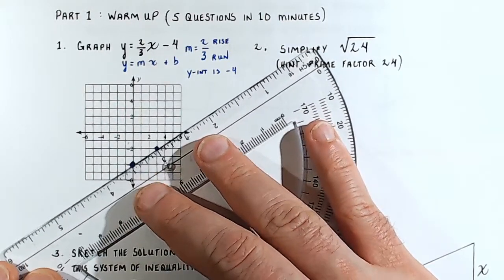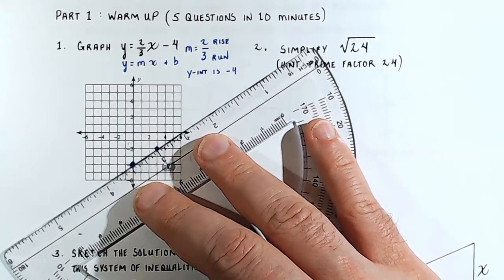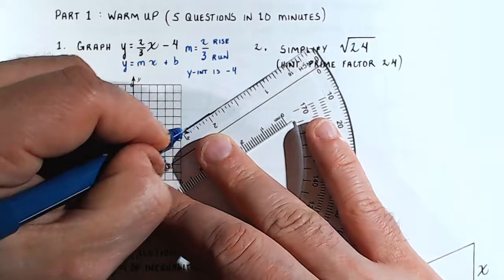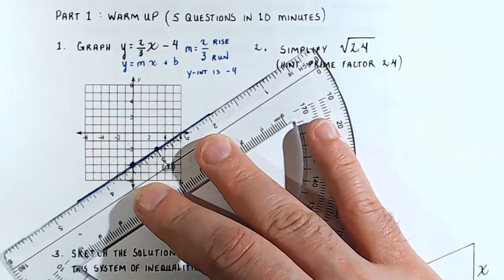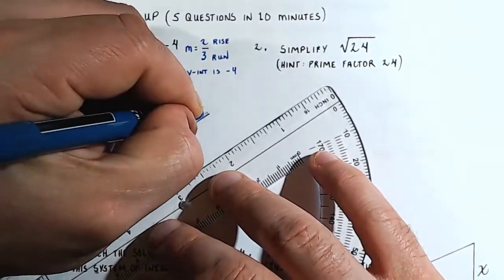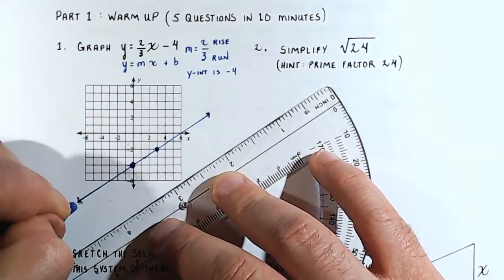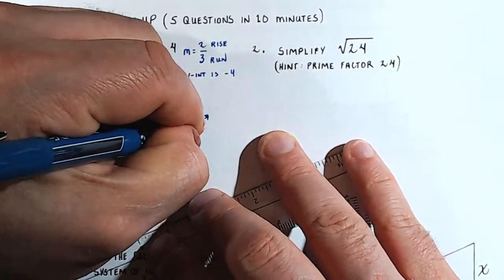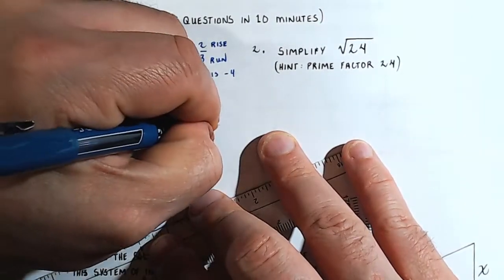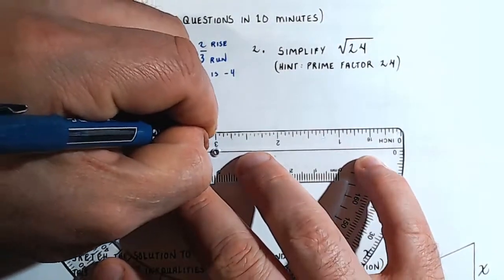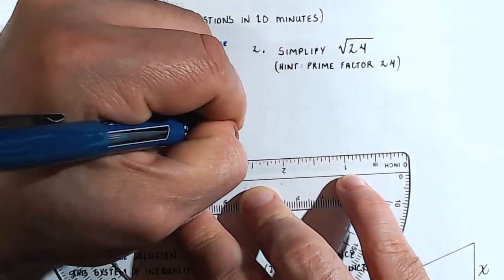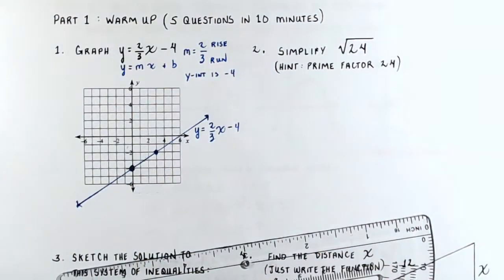And you really should have a straight edge to do this. You can use your student ID or a credit card or anything that's straight, a ruler, and you draw a line passing through those 2 points. Okay, so that is the line. And we want to label this line y equals 2/3 x minus 4. That's it for number 1.